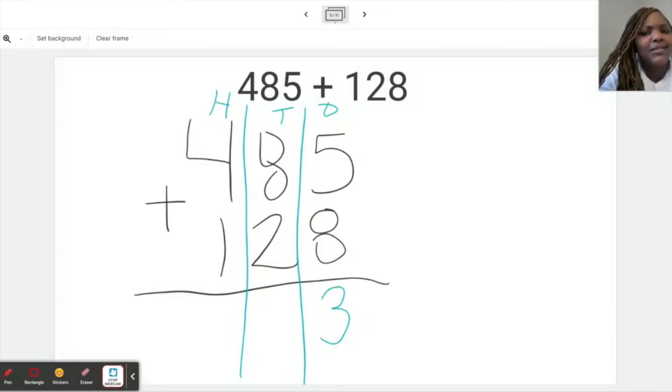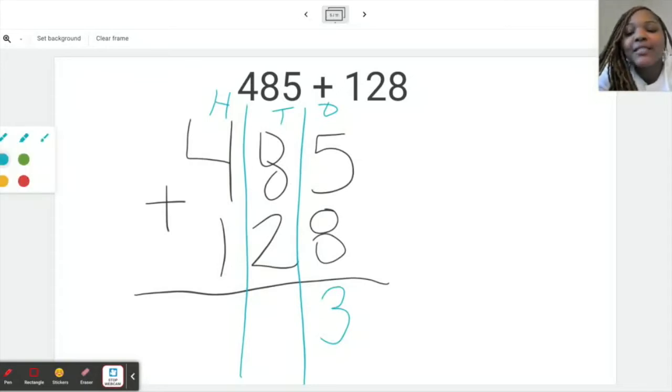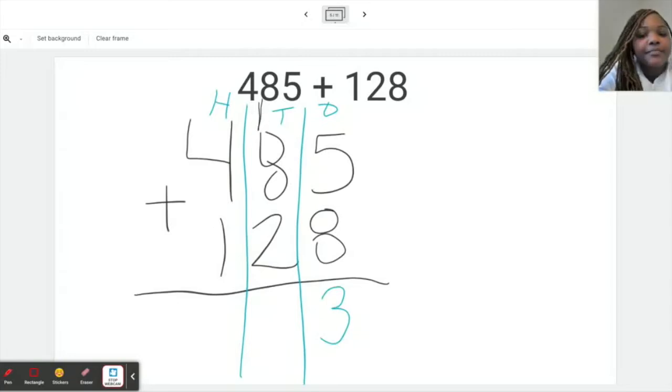Do I put my ones in the 100 spot? You guys are right. No, we don't do that. So where do I have to put the 1? Right, that 1 carries over to the tens. So go ahead and put that 1 above your 8, which is in the tens. So I put the 1 here.